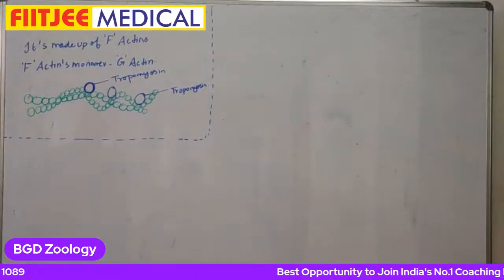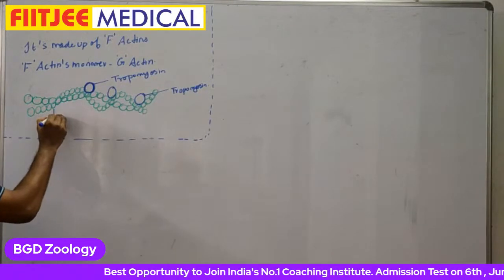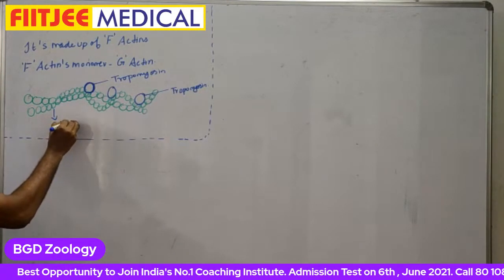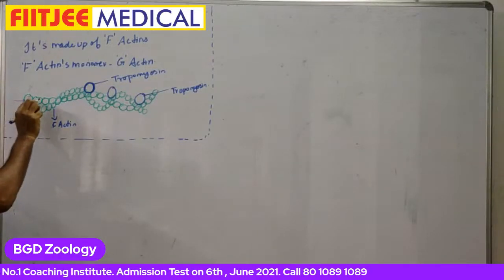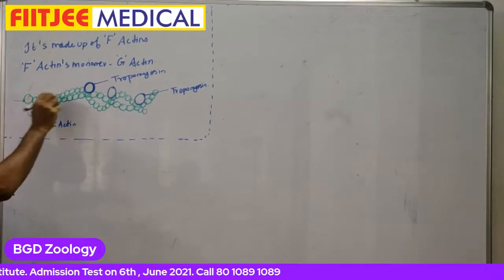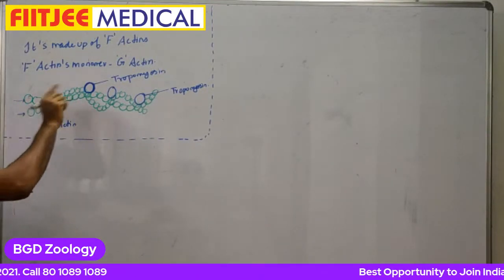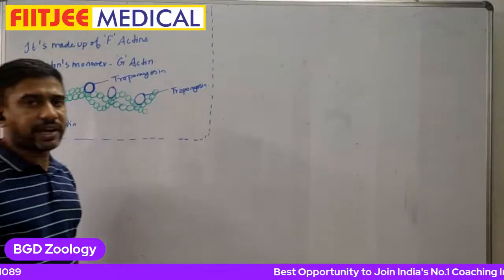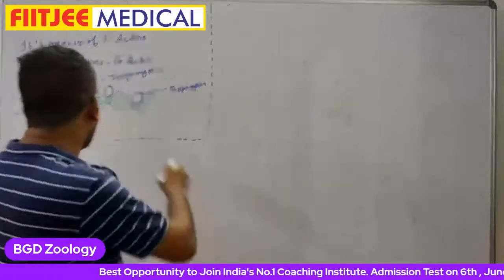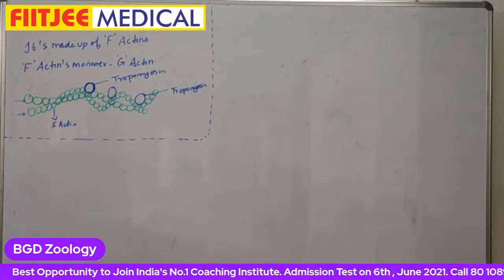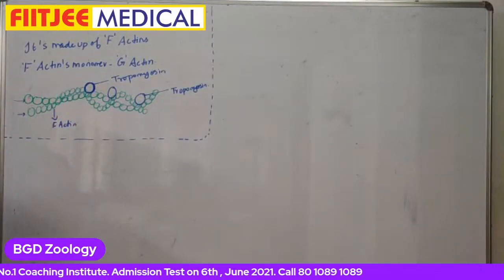So this is the actin, this is the F actin, and they are helically arranged. This is one helical arrangement. That means this is one thread, one thread here, and two F actins will be seen in one actin filament. And just over that, we can see another protein. It's called tropomyosin.